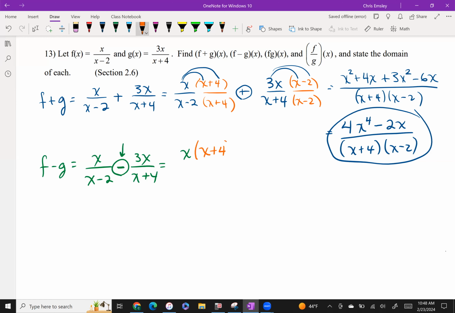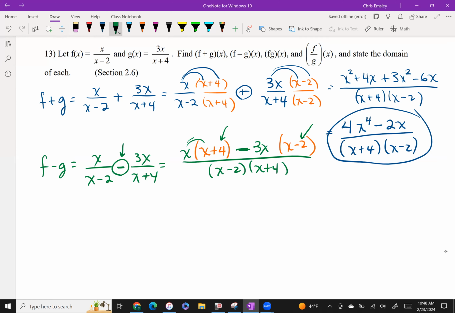We're going to multiply in the x plus 4 minus 3x and multiply in the x minus 2, and the whole thing is over x minus 2, x plus 4. Again, I brought these in so I have that common denominator.